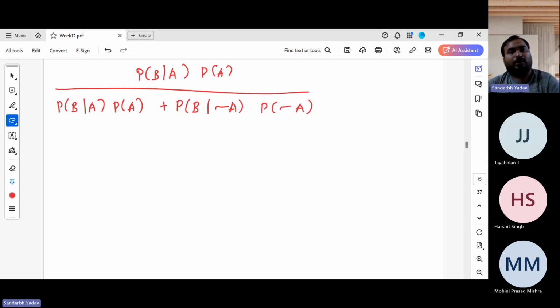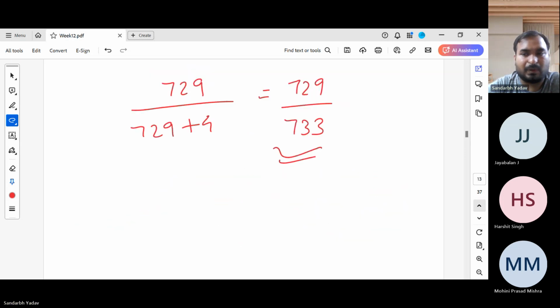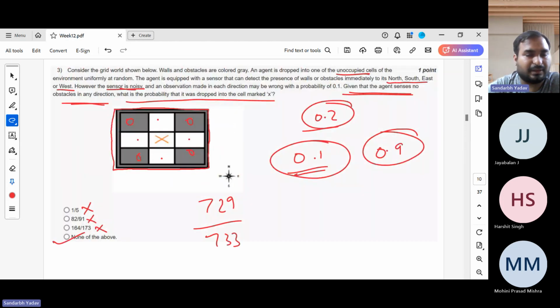So according to our definition, A is the event that it's not dropped in cell marked X, right? So what will be this probability? This probability will be 0.8, right? But we'll have to do this for all the four cells, because here symmetry is not involved. So we will have to see for all the four cells. Suppose we are in this cell, then we have to calculate the probability that there are obstacles only to the north and south, right?